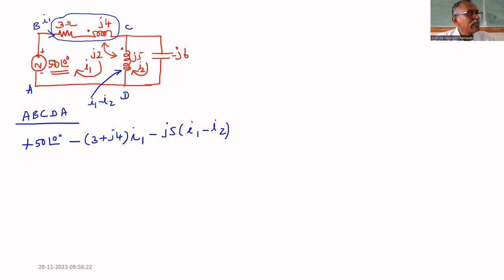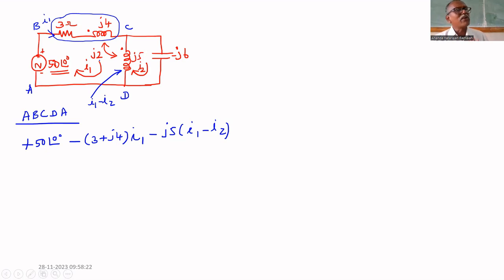Now this j2 is because of mutual inductance. Is j2 positive or negative? Positive, because I1 is entering the dot, and I1 minus I2 is also entering the dot. Both currents are entering the dot.